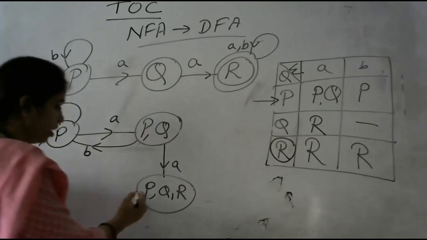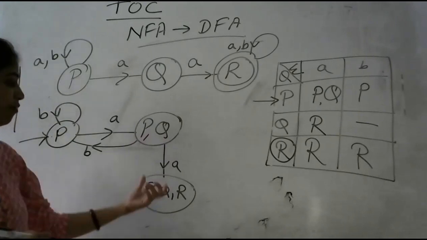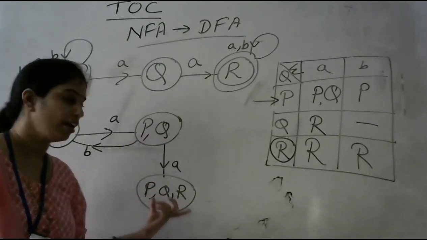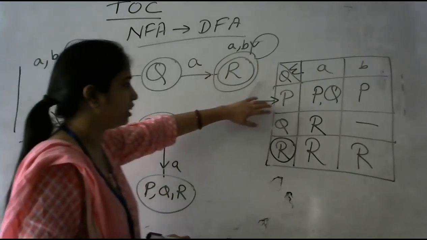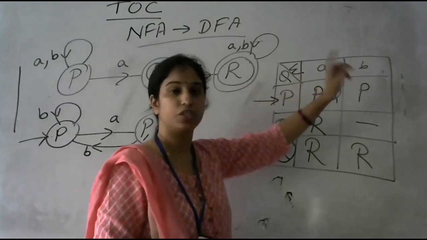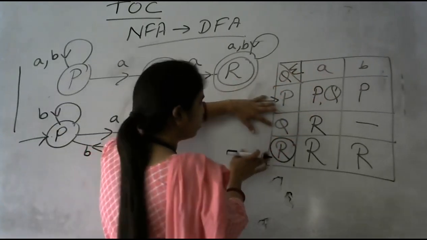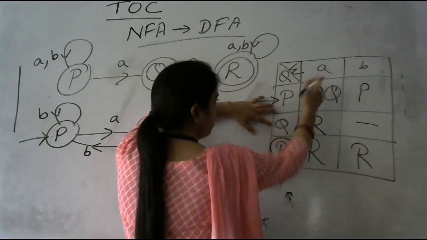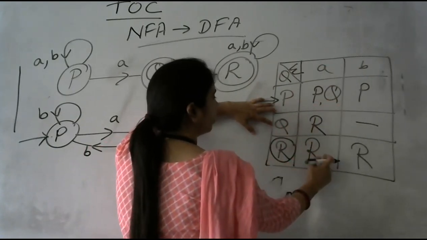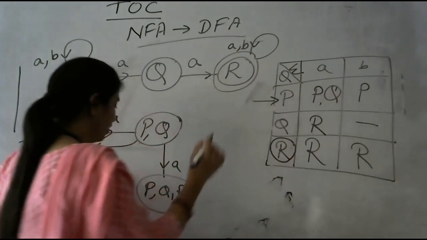Now we get a new state called PQR. Now we have to take these 3 states simultaneously. Okay, and read these 2 inputs A and B. PQR को साथ में लेंगे और ये इनपुट पढ़ेंगे. PQR से A पढ़ के PQR पे जा रहे हैं.